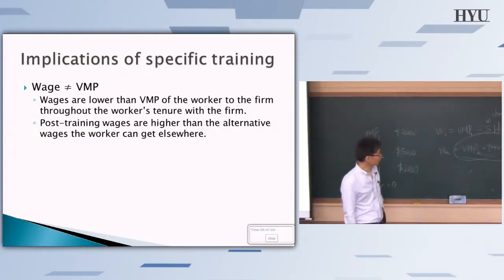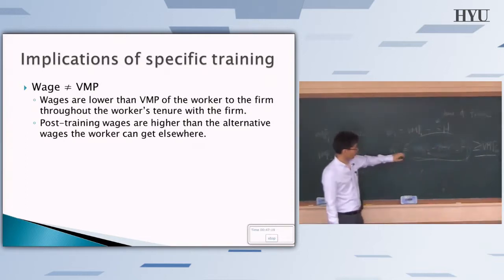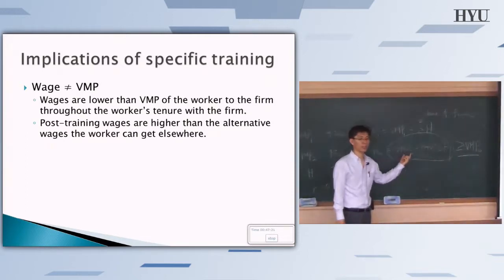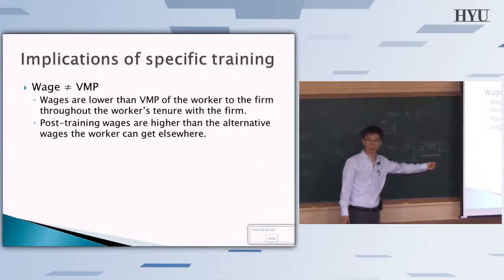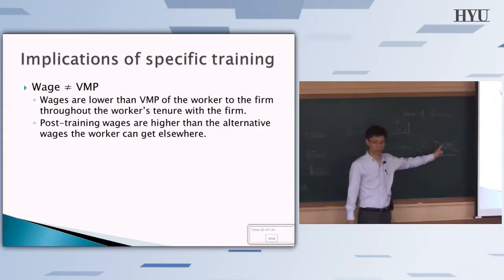So if the specific training relationship exists, that means two things. One is that their wages are generally lower than their BMP throughout their life. Even though this wage is lower than their BMP, it's still better than the pay they can get elsewhere without any specific training.